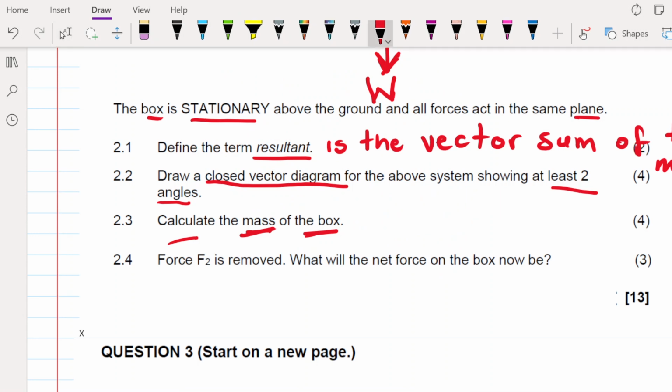The last question, which is 2.4, says force F2 is removed. What will the net force on the box now be? So that's what they are asking here.